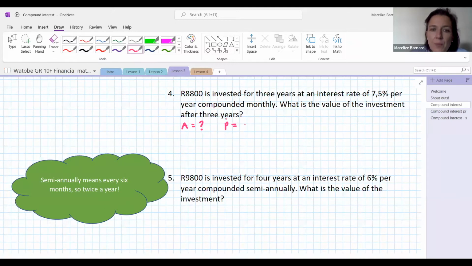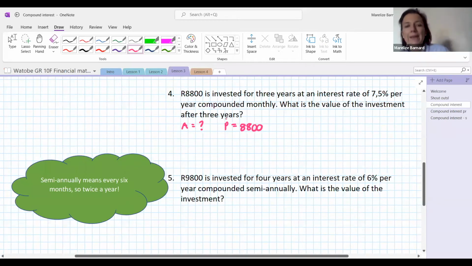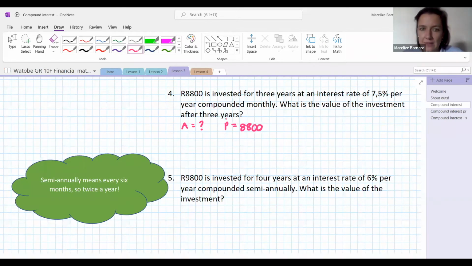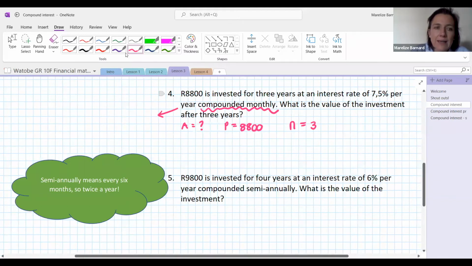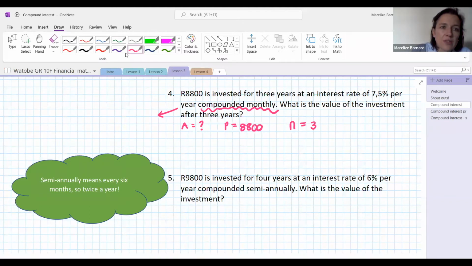So the P value, the amount of money we put away, the principal, is 8,800 Rand. The time period is 3 years, but we are compounding monthly. So how many times a year are we going to get interest? Pop it in the chat if you know. If we are compounding monthly, how many times a year do we get interest?